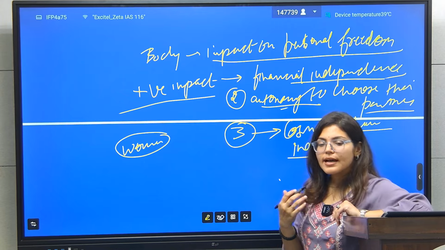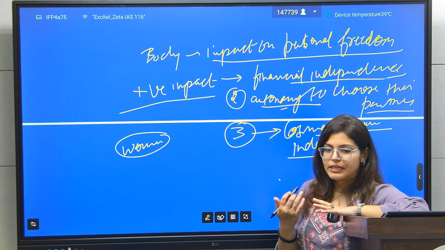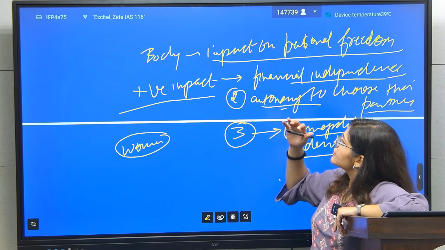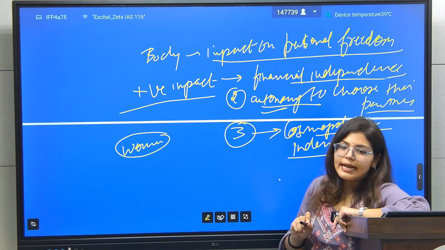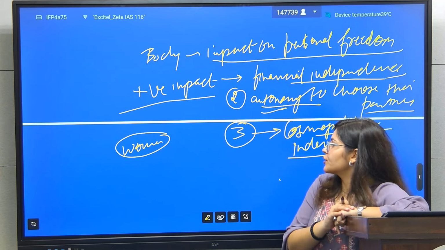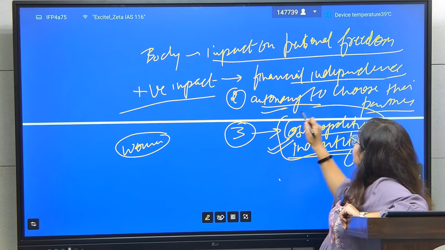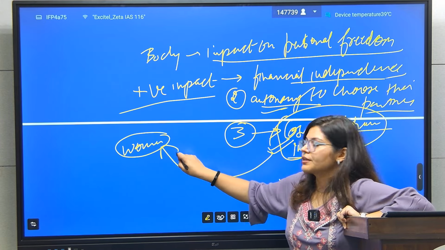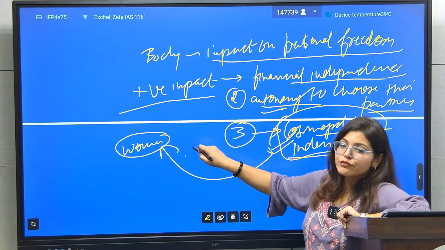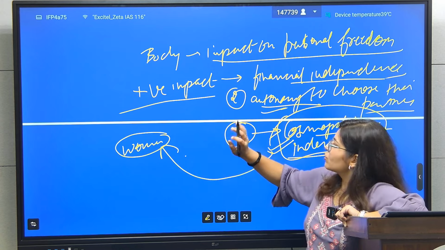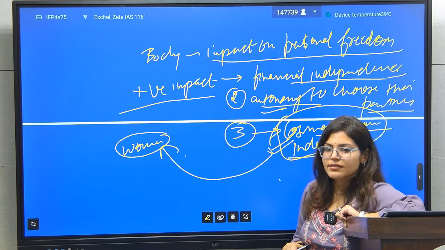So due to this urban migration, due to this financial independence, due to this autonomy given by urban migration, cosmopolitan identity is given to women. Now the women have their own identity. So this also impacts their personal freedom.